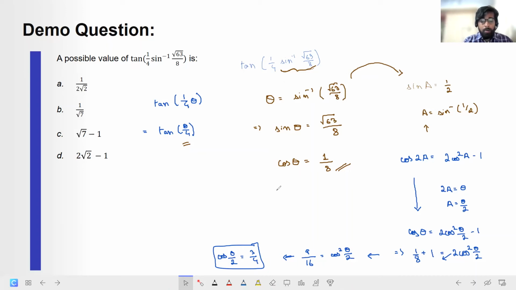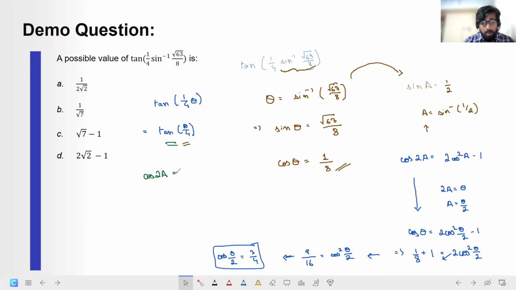But for this question, I need to relate cos theta or cos of an angle with the tan of an angle. So if you remember correctly, again, we'll be using the formula cos twice a, because it's easier to remember it in this particular way instead of remembering it as cos a or cos a by 2.